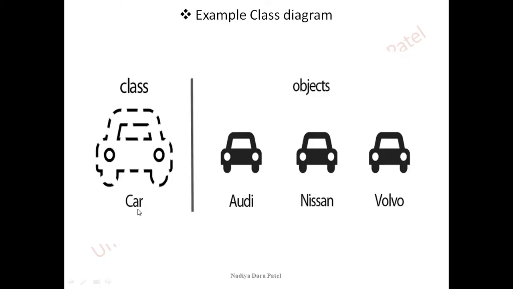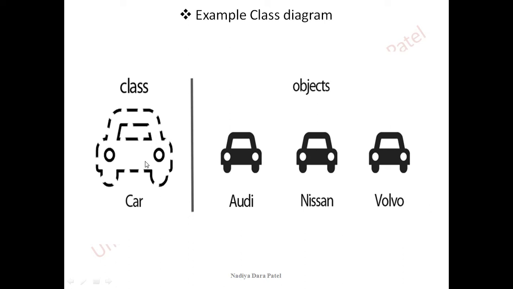Now this is one example of a class diagram. If you want to go through a real life example, we have created a class for car and we have kept 3 objects. The objects of this class are Audi, Nissan and Volvo.